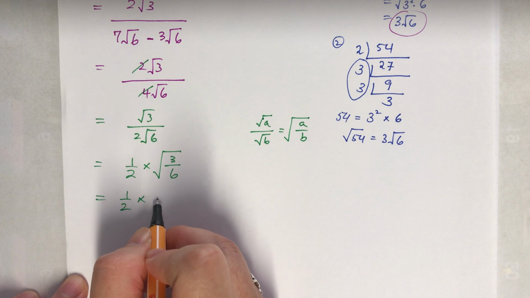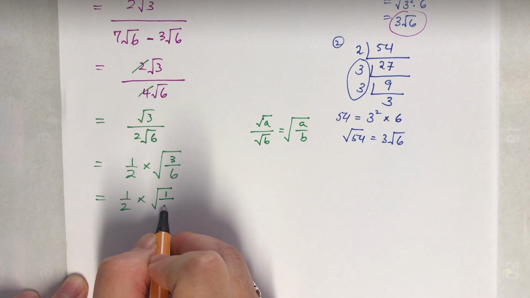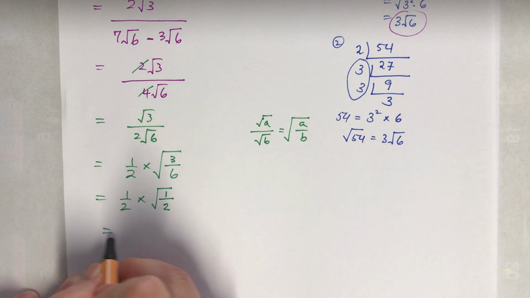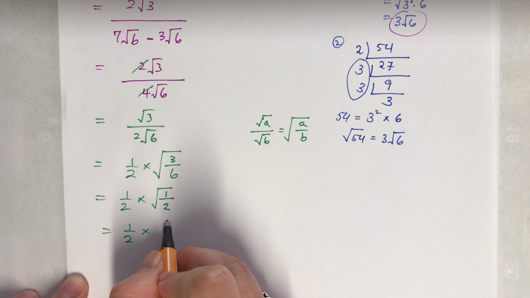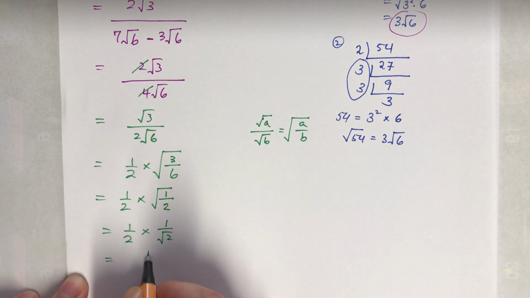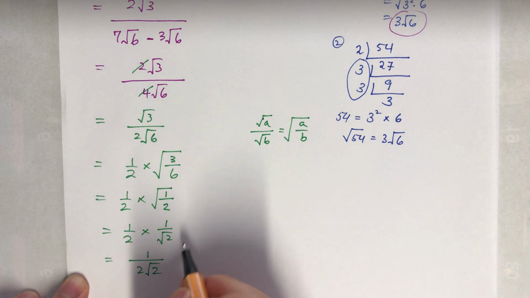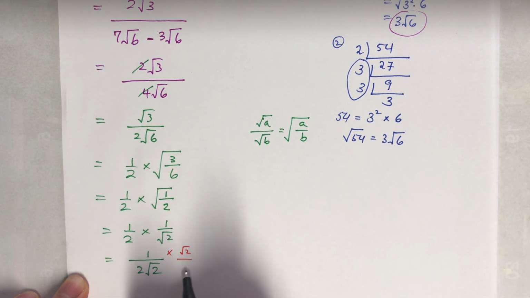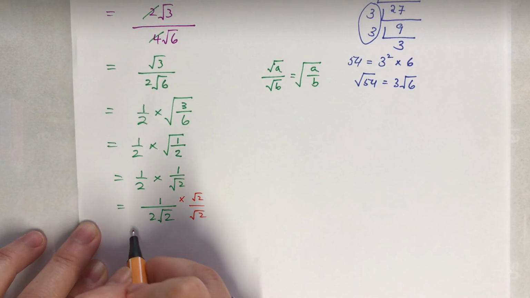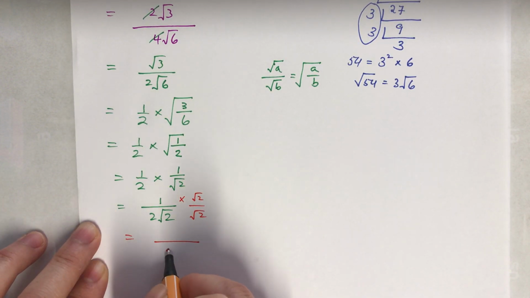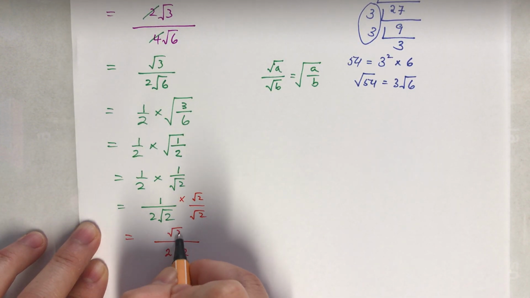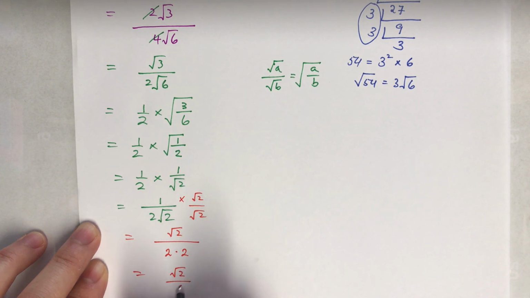I'll get 1 over root 2. And I'm going to just times by root 2 to rationalize the denominator. 2 times 2, root 2, 2 over 4.